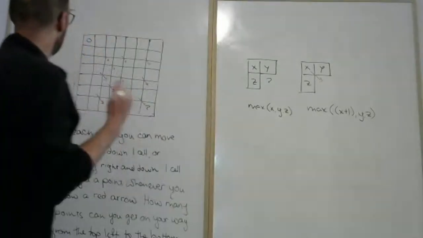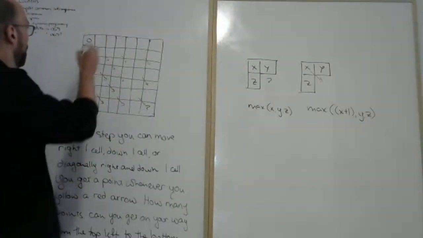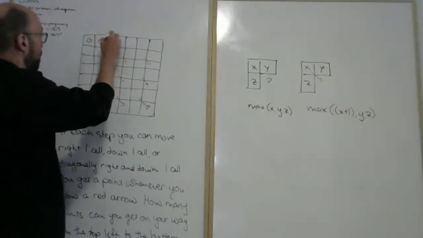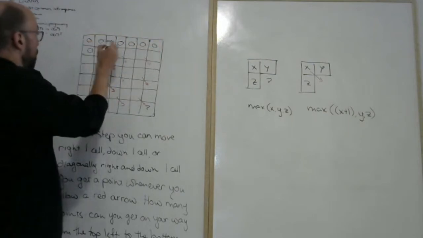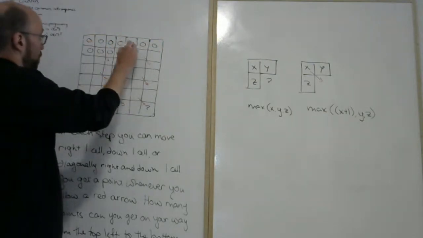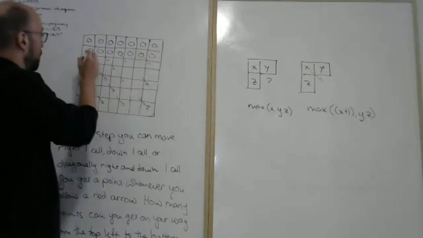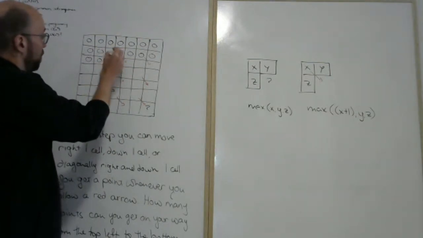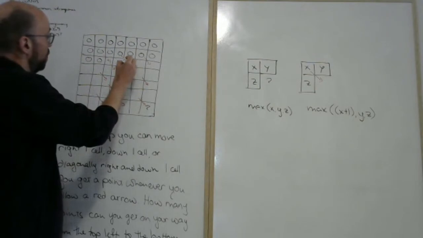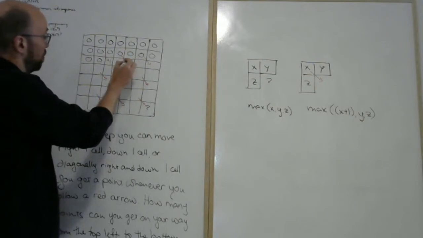So, okay, what would we actually do? Let's fill this in: 0, 0, 0, 0, 0, 0, 0, 0, 0, 0, 0, 0. This is a 0, this is now a 1. This is a 1 because it's the max of these three. This is now a 1. It can be either from here or from here.